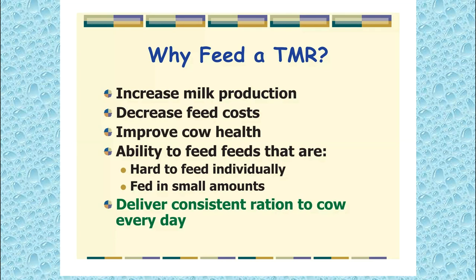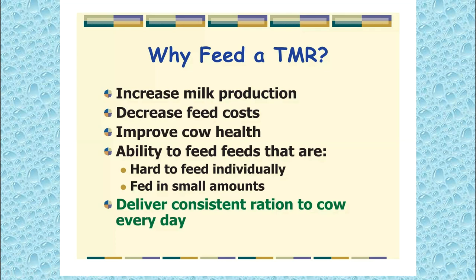Then to improve the health of the animal, and also better production and reproduction parameters need to be maintained. It also gives the ability to feed ingredients that are hard to feed individually and fed in small amounts, so that individual animals cannot be fed by weighing on different scales.